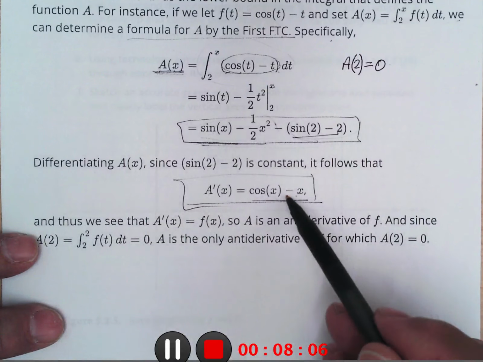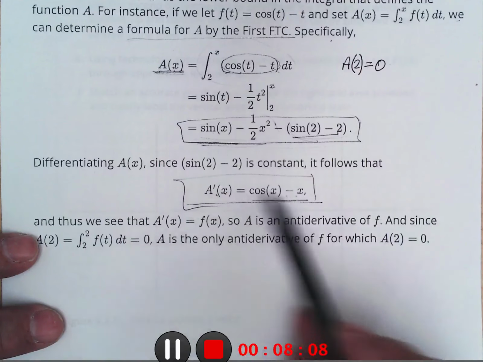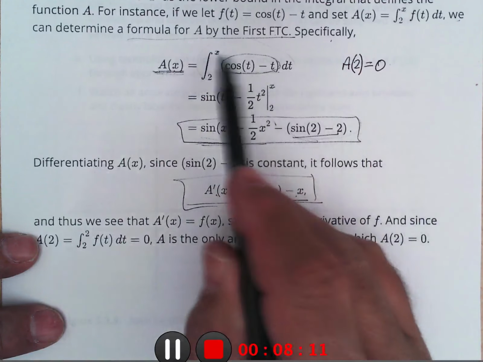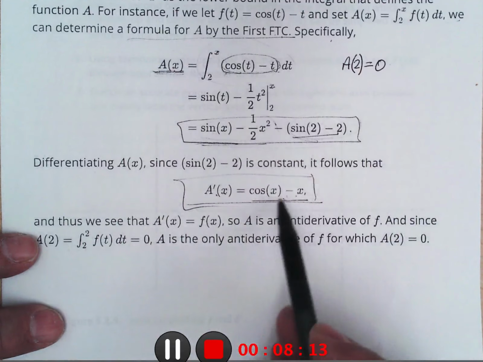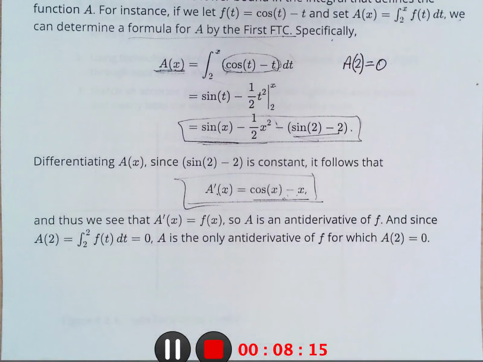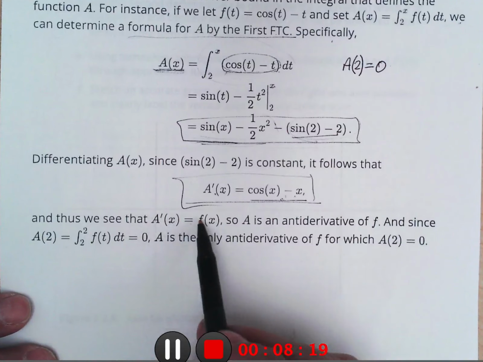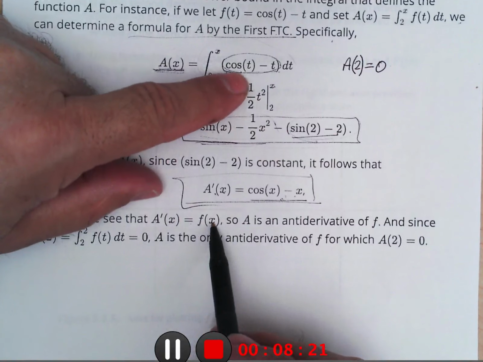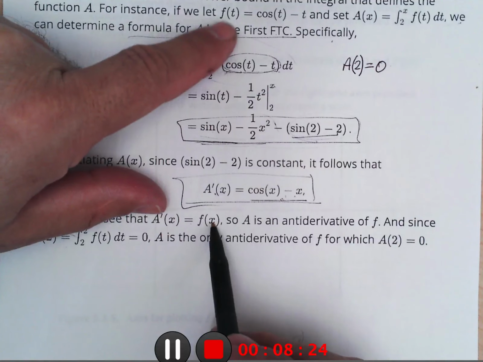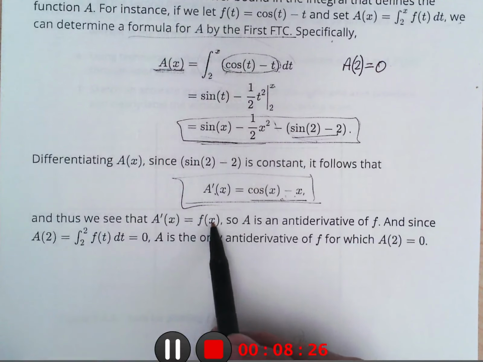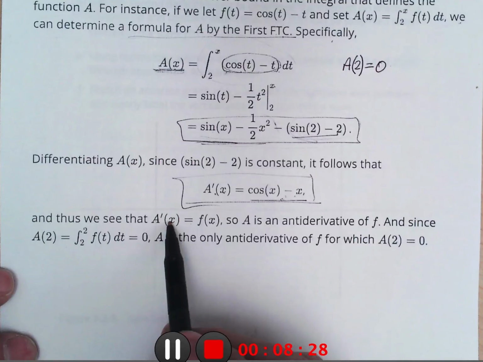So the derivative of A of x is just the original thing with the x put in for the t. And so A prime of x is just f of x, but we had f of t, but now it becomes f of x. Because A of x is a function of x, and this is x.